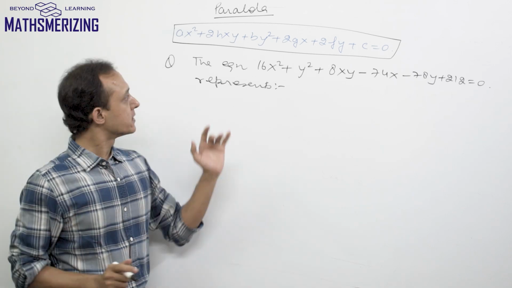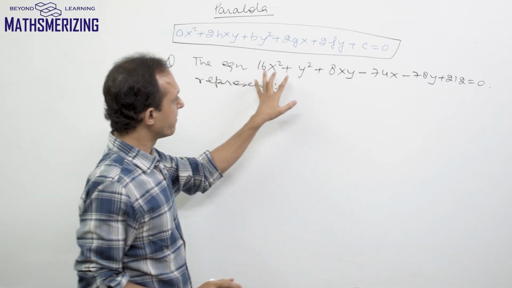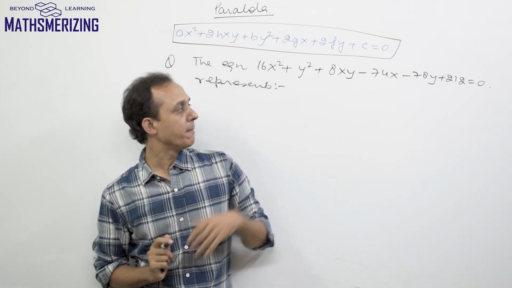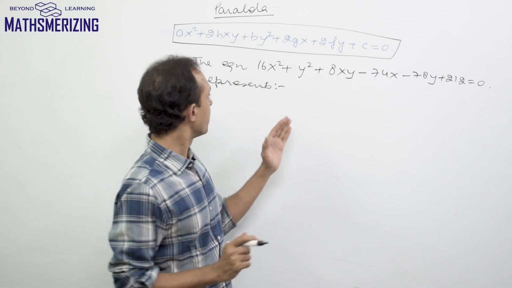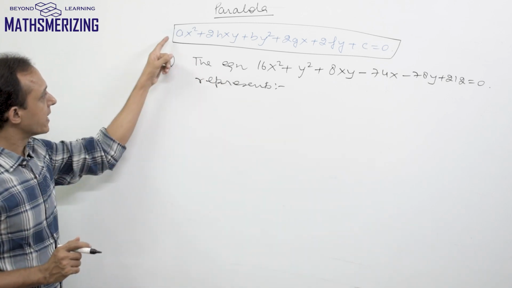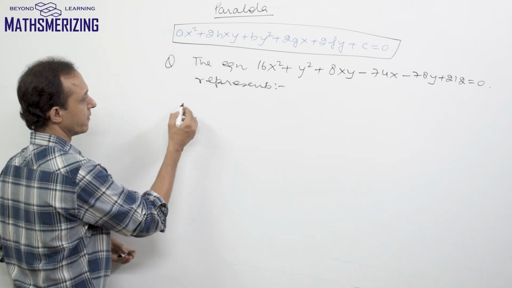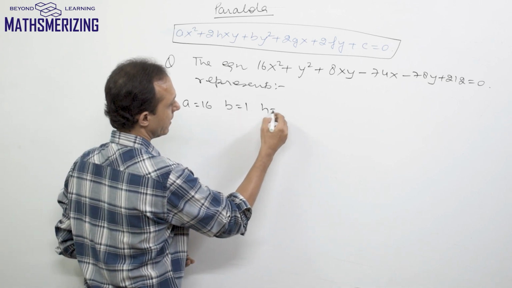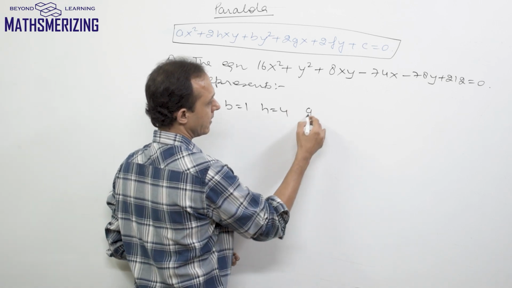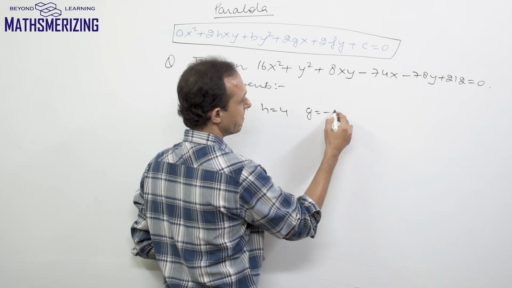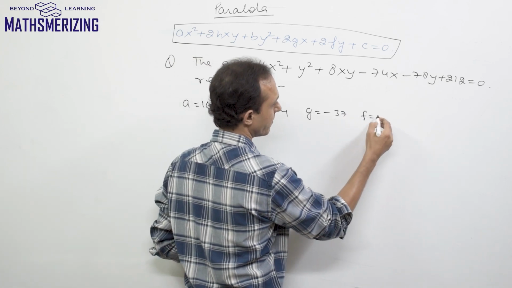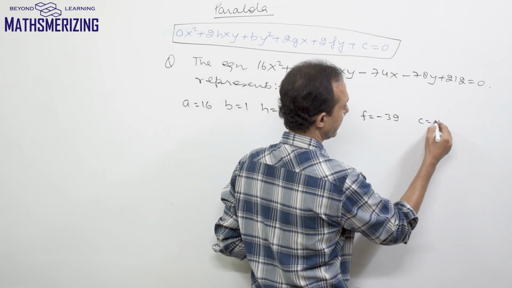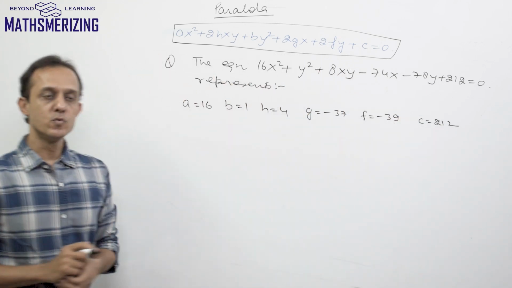So let us take up a question: the equation 16x square plus y square plus 8xy minus 74x minus 78y plus 212 equals 0. This equation represents what? What I'll do is compare it with the standard equation. So the value of a here is 16, b is 1, h is 4, g is minus 37, f is minus 39, and c is 212.